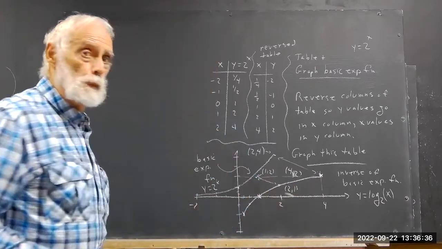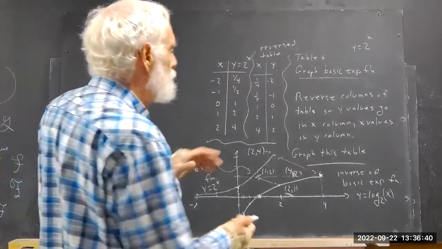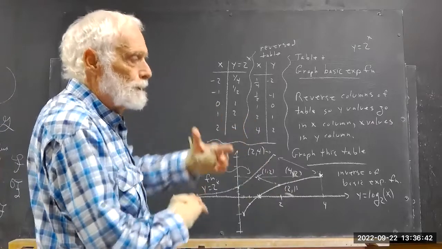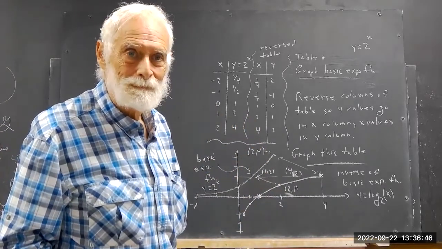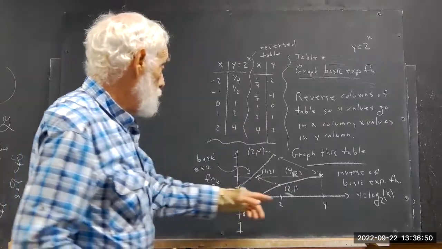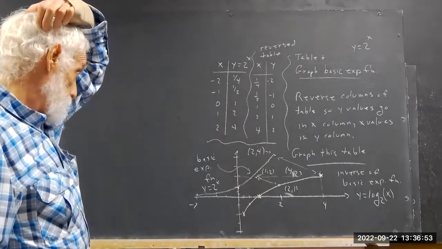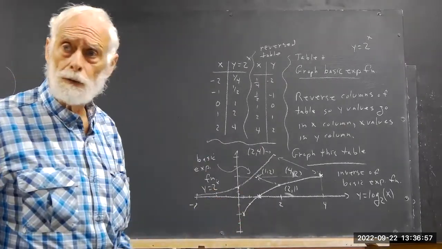We're just flipping x and y. Now to do that on a piece of paper, you kind of have to reverse the graph, turn it over, and rotate. That's kind of interesting the way that works.